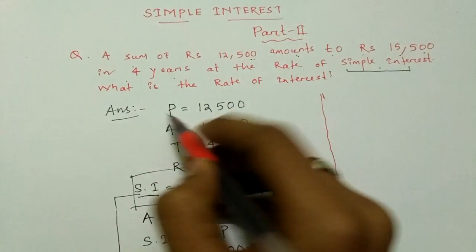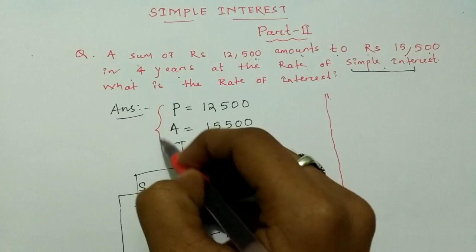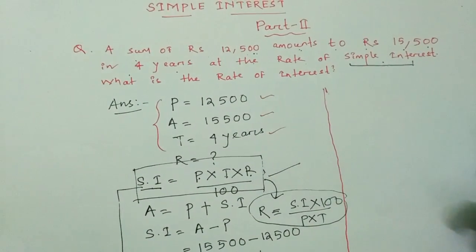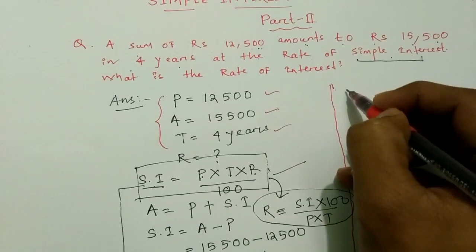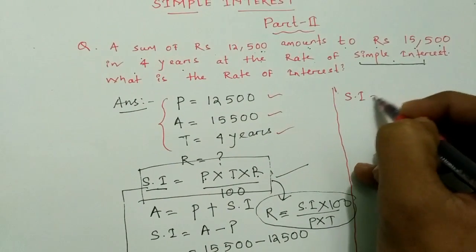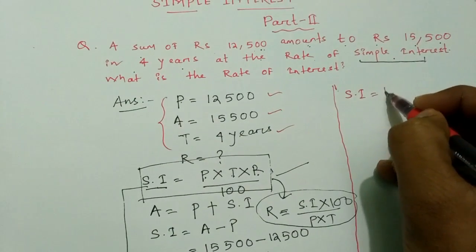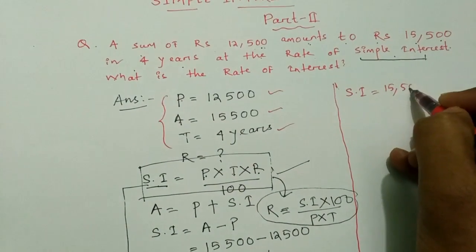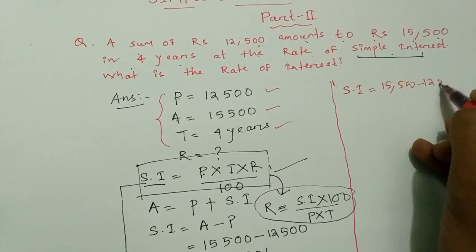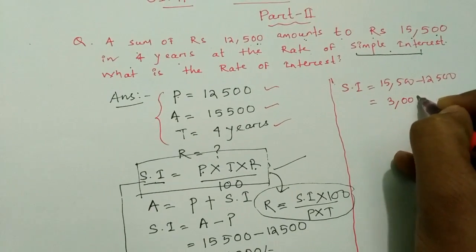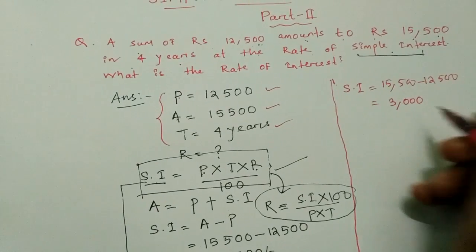All these things will be the same here: principal is 12,500, amount this, time this. The simple interest is the amount minus the principal, that is 15,500 minus 12,500, which is 3,000 rupees.